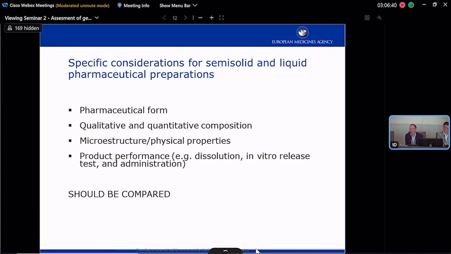It should be assessed on the information submitted by the company for the generic medicinal product. And this is the question we have received.